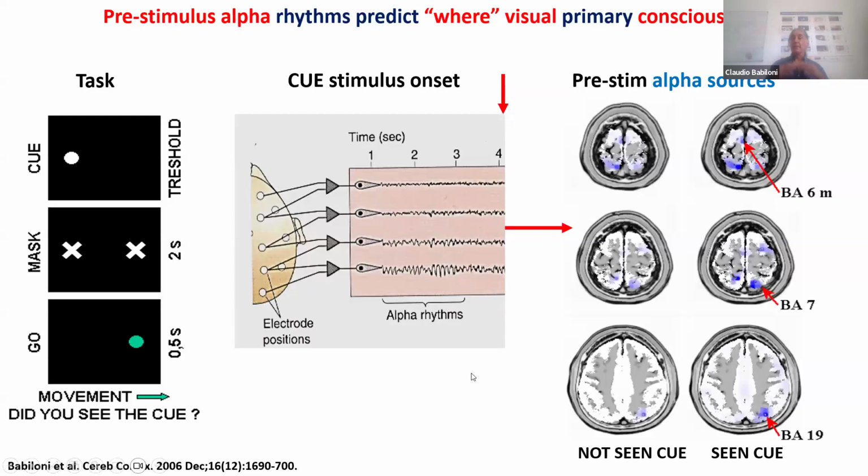So we had the performance in terms of a visual primary consciousness of the cue stimulus, right or left, seen or unseen.